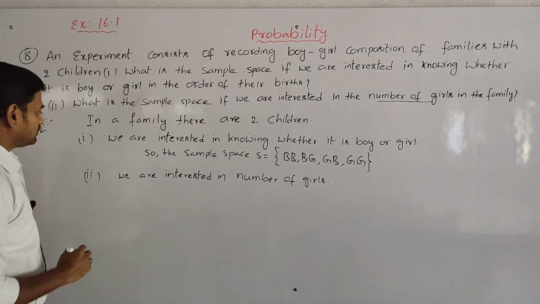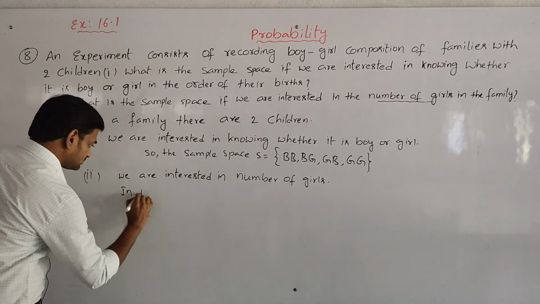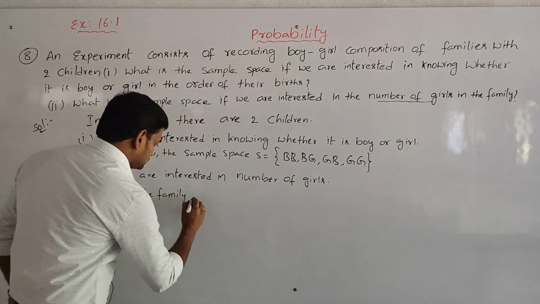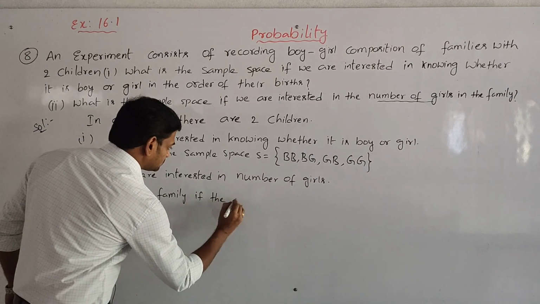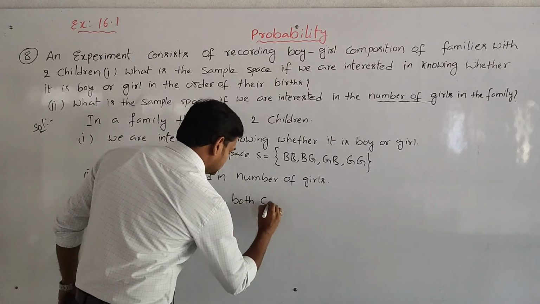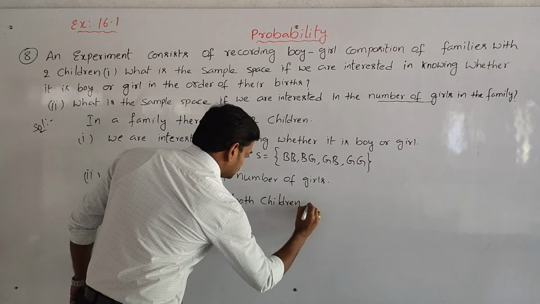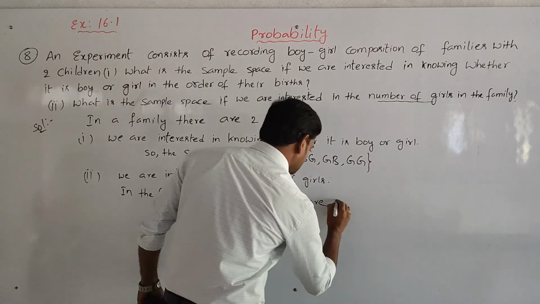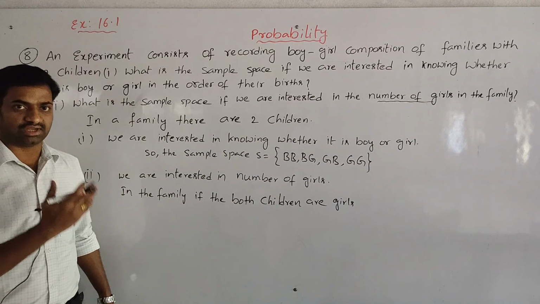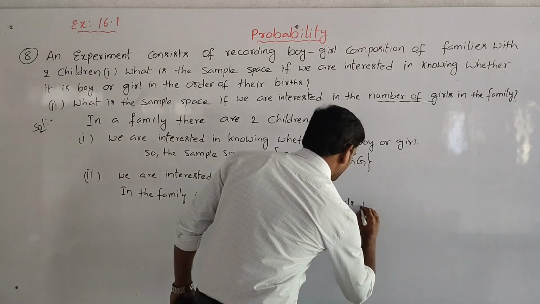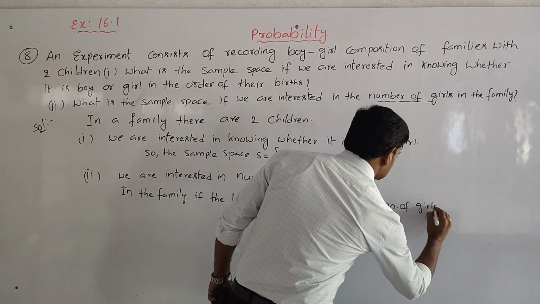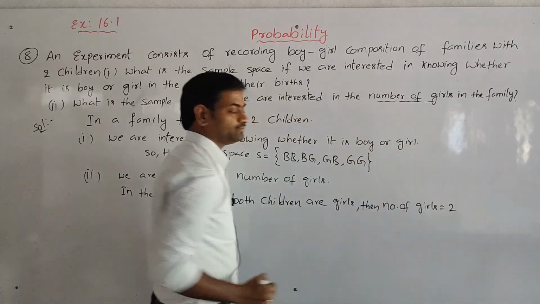Now see, in the family, if the both children are girls, both are girls, then number of girls equal to how many? 2.